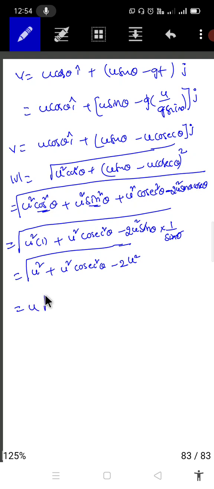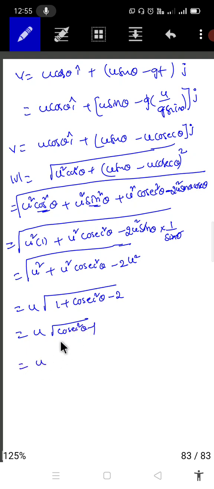That becomes u square into 1 plus cosec square theta minus 2, which is cosec square theta minus 1. There is a formula: cosecant square theta minus 1 is equal to cot square theta. So this becomes u cot theta. So this is the final velocity.